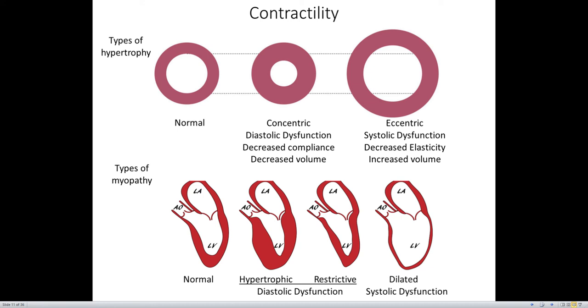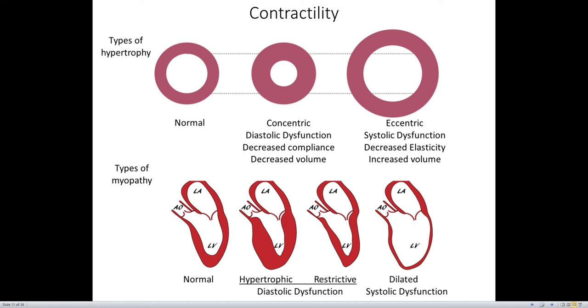The middle represents concentric hypertrophy, and that means the muscle is basically thicker. So the volume in that chamber is decreased, and the compliance of that chamber is decreased. In this situation, the myocardium would experience diastolic dysfunction because its ability to expand and accept volume is decreased.